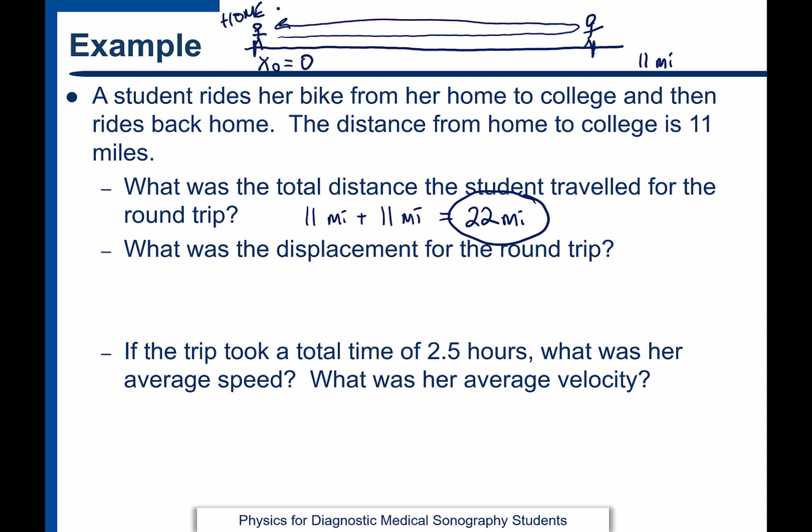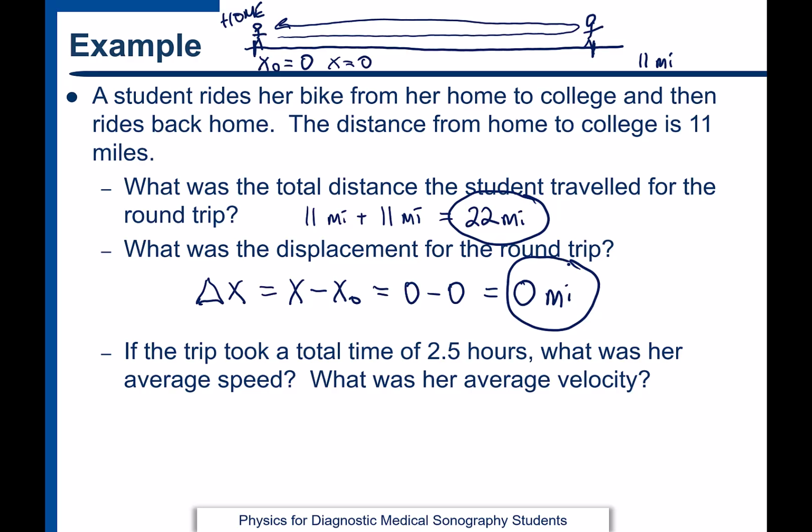But her final position is actually also 0 because she both starts and ends at home for the round trip. So the displacement delta x would just be final position minus initial position, but that's 0 minus 0, which of course is 0. So her final displacement is 0. She ended up right where she started.